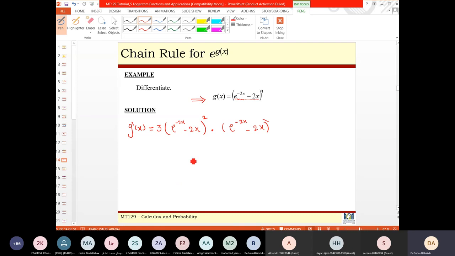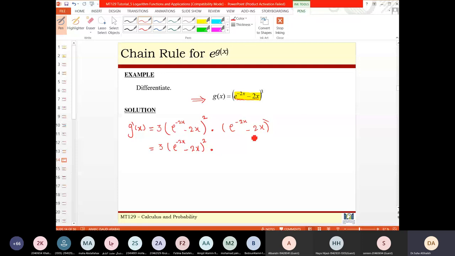The derivative of the bracket times the derivative of what is inside the bracket, and this is what I have inside: e to the power minus 2x minus 2x dash. We define the dash now.